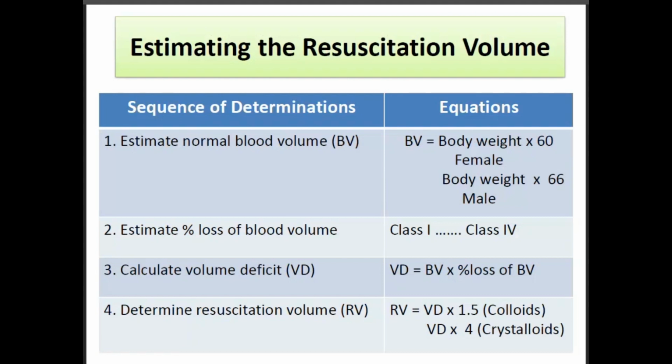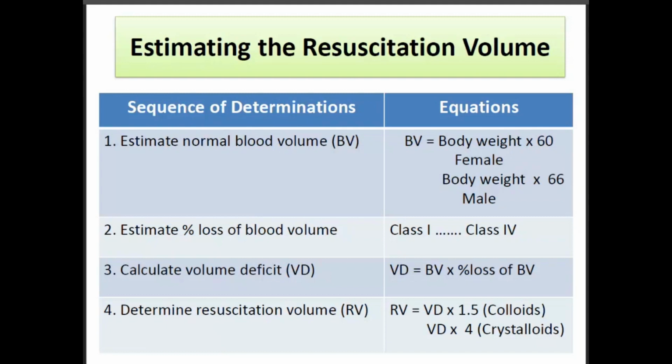If you are losing blood, you need to estimate what needs to be given. You need to estimate the normal blood volume first. As we said, in male it is 66, in female it's 60, okay, the blood volume, and then you estimate how much is lost. For example, if you lost 1 or 4, I mean in the class, and then you calculate the deficit.